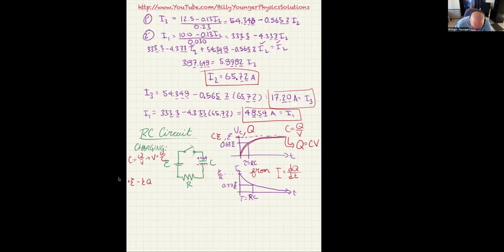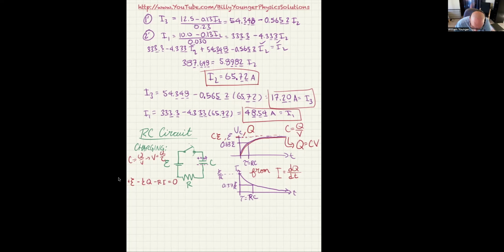I'm going in the direction of the current, so that resistor should be a voltage drop, and the voltage drop, of course, is R times I. Now I've gotten back to the same point in the circuit where we began, so we can write the equation as equals 0.